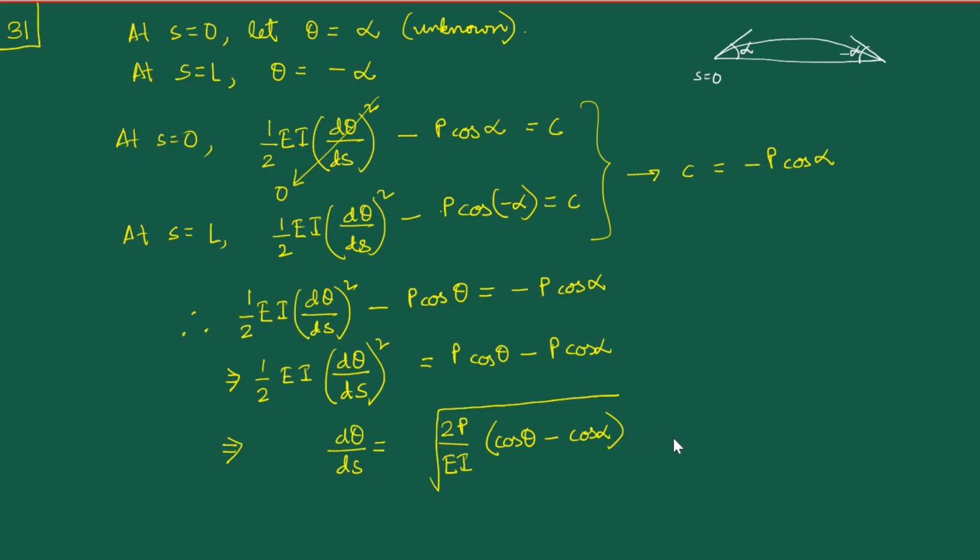Okay, so the answer is that this square root should come with a negative sign and not the positive sign, because you see this theta is actually starting out from this positive value of alpha. The slope is going like that. So the curve is going like that, so the slope is actually decreasing, and you can see that at this midpoint the slope has become 0, and thereby it is becoming more and more negative until it reaches this value of minus alpha. So d theta ds, as we are traversing along s, is decreasing from alpha through 0 to minus alpha.